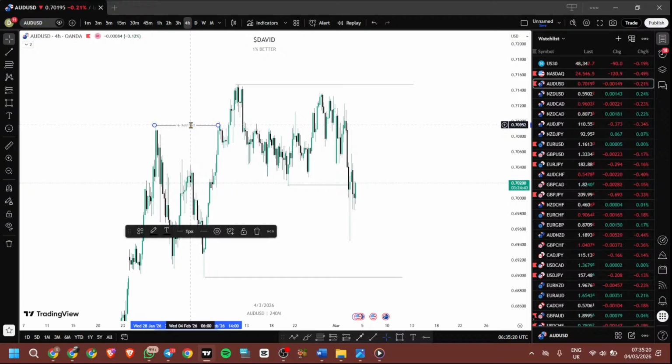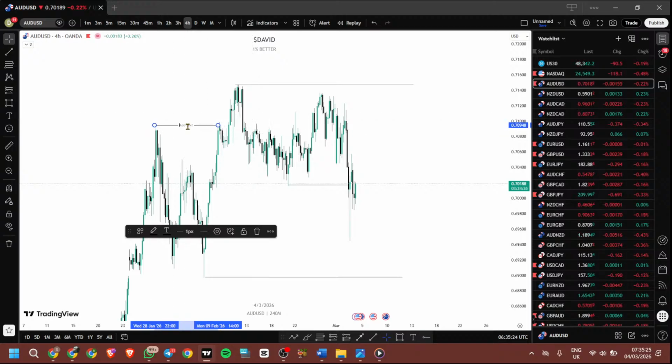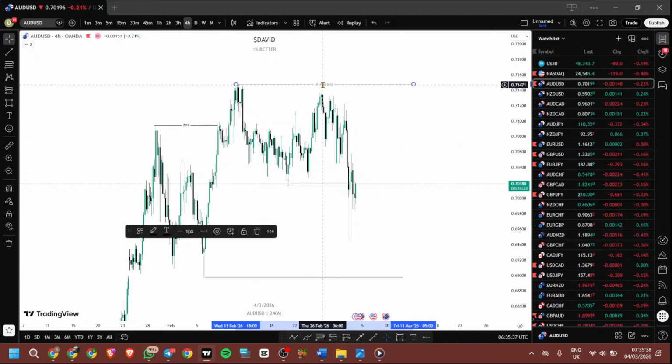This was a breakout structure. This right here was a breakout structure, right? And this was the previous low before the break, right? And when price broke structure, this was the high.